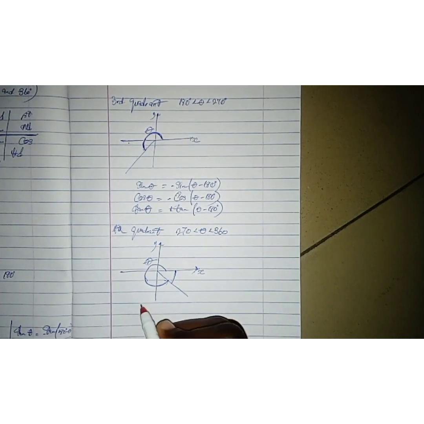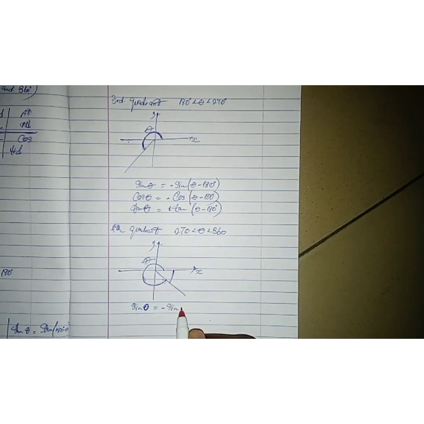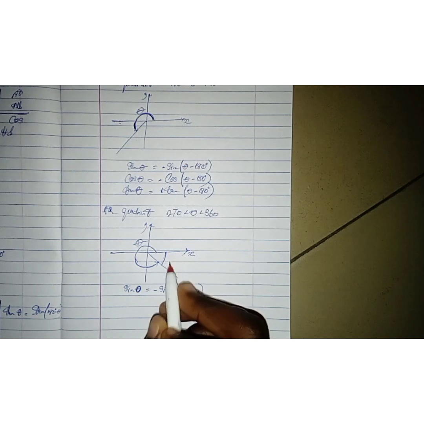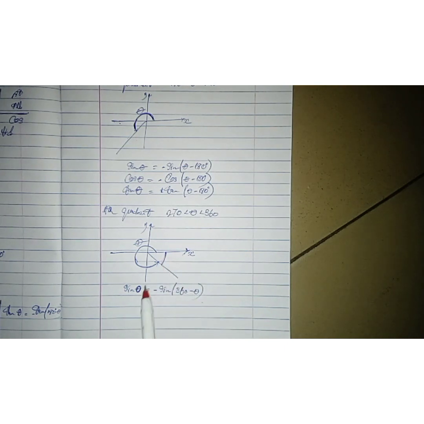So sine would be negative sine of 360 minus theta to have this. So sine of the whole of this, which is theta, is equal to the negative sine of this.